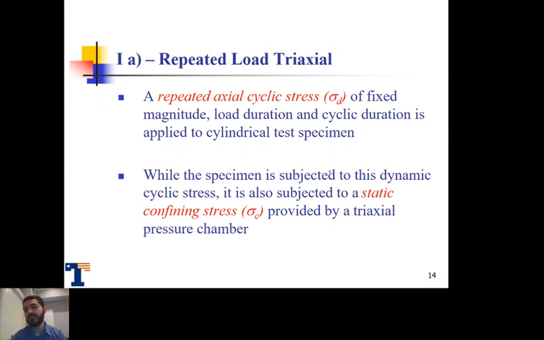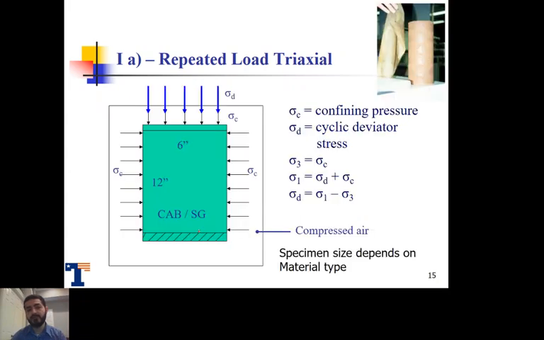While the specimen is subjected to dynamic cyclic loading, sigma d, it is also subjected to a static confining stress. We apply a constant amount of confinement stress to simulate the confinement situation that we see in the field, and this is provided by a triaxial pressure chamber.